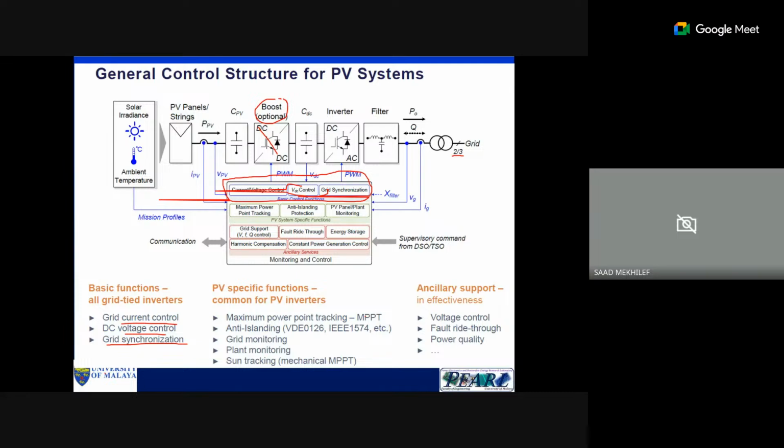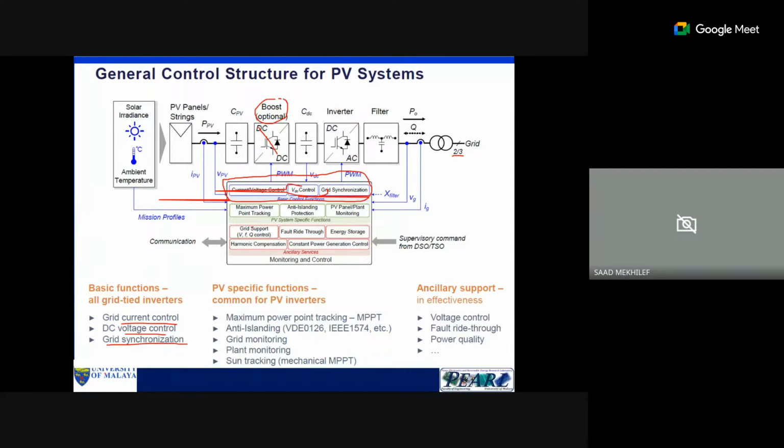And the last one is auxiliary services, or the supervisory command from the data centers or data distribution office. We need to have grid support in terms of V, F, and Q. This is very commonly required nowadays, especially for grid forming inverters.